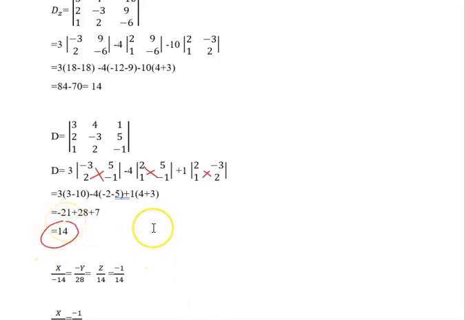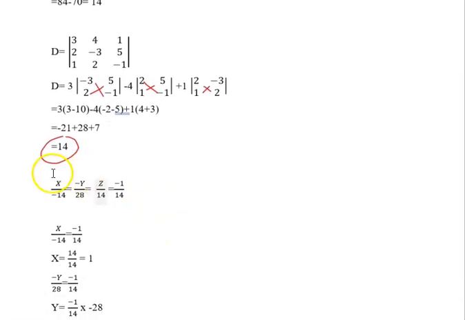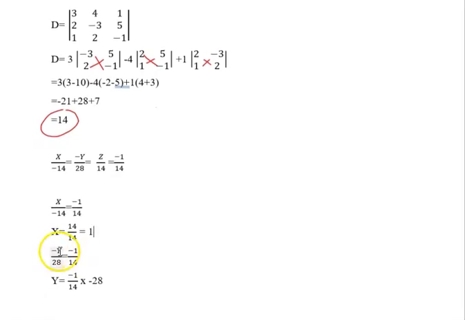So after that, go to your formula. Dx is negative 14, Dy is 28, Dz is 14, and D is 14. Then you equate x over negative 14 is equal to negative 1 over 14. You make x the subject, you get x is equal to 1. Then negative y over 28 is equal to negative 1 over 14.